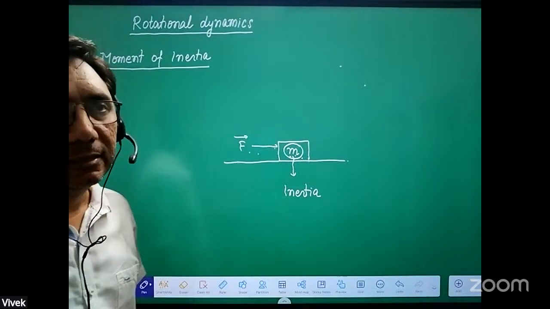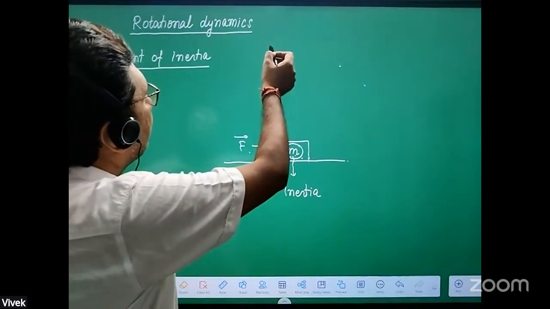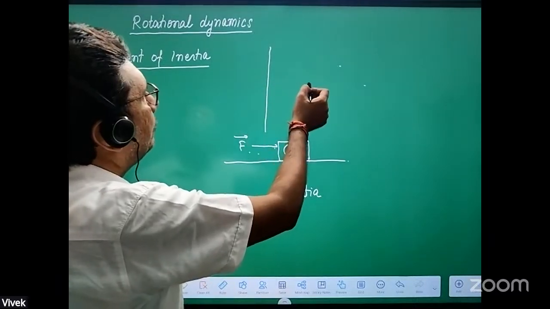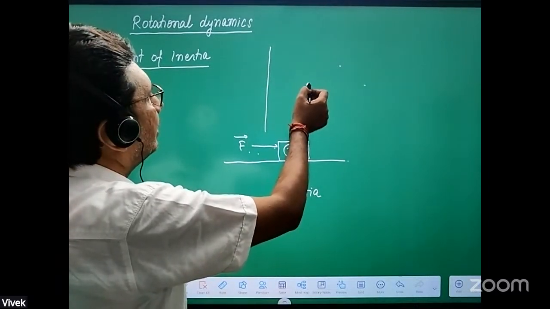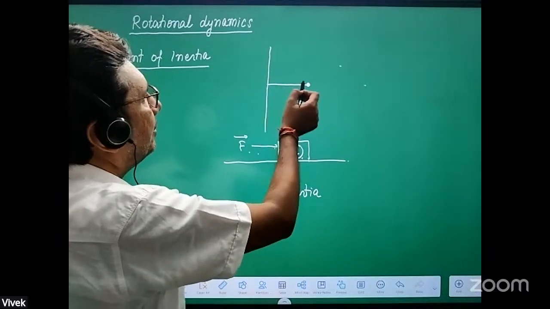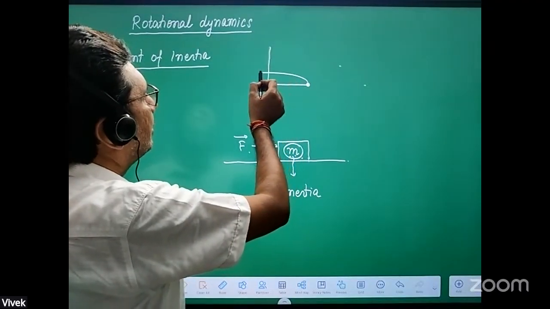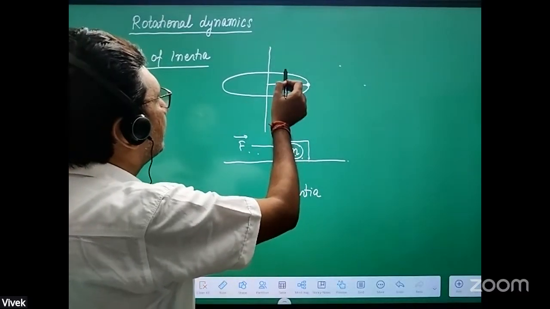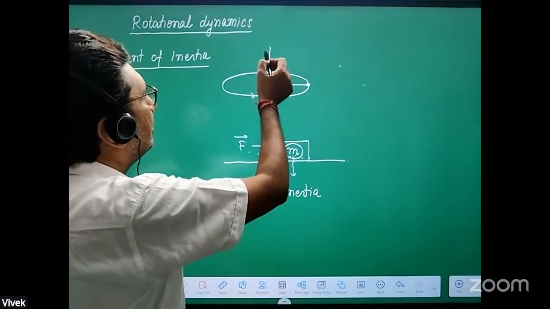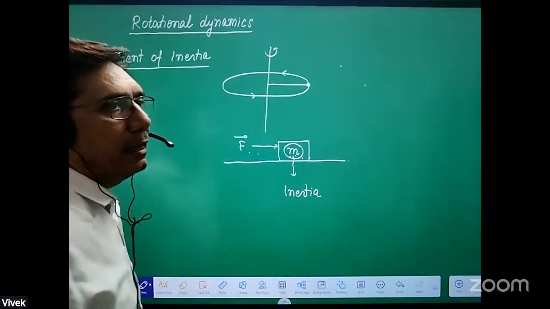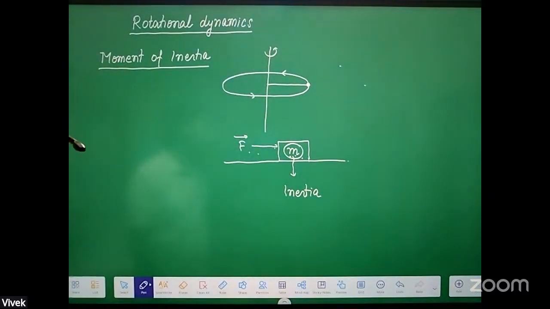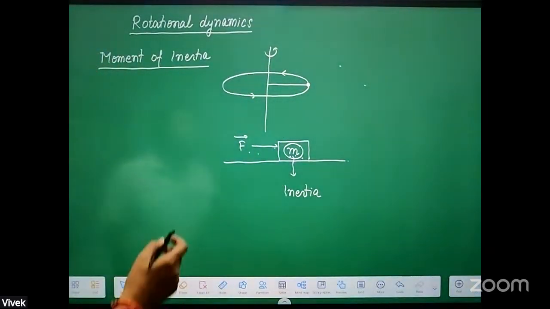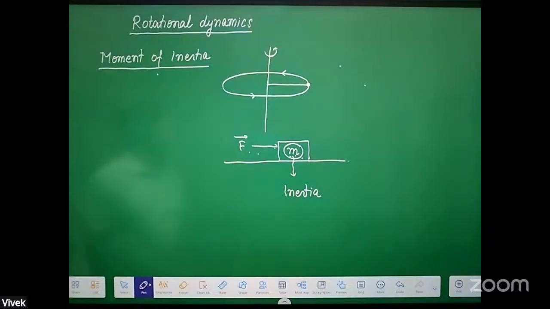Suppose this is the axis of rotation and you have a particle of mass m here, and it is undergoing this type of rotation about this axis. The particle is rotating like this. The property that opposes the change in its state of rotation is called the moment of inertia.